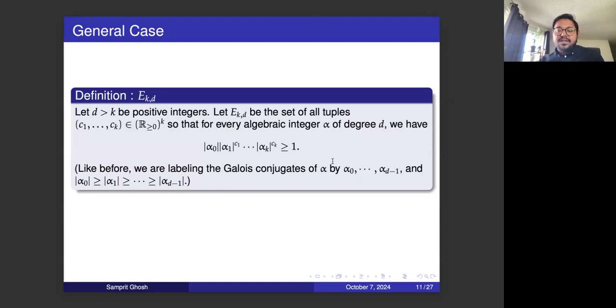And as before, we are labeling the conjugates in descending order of magnitude. So then we want to ask, what's the shape of EKD?